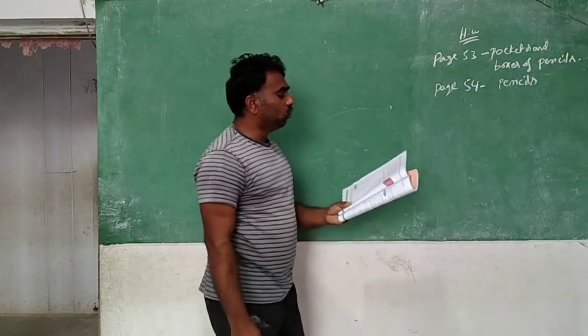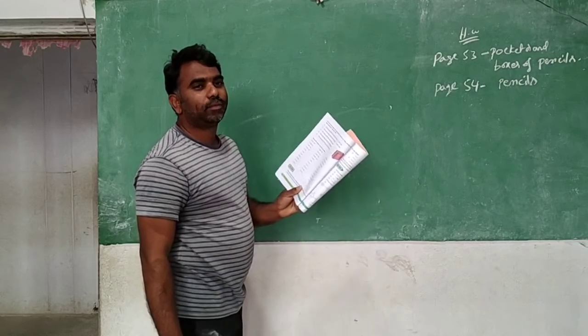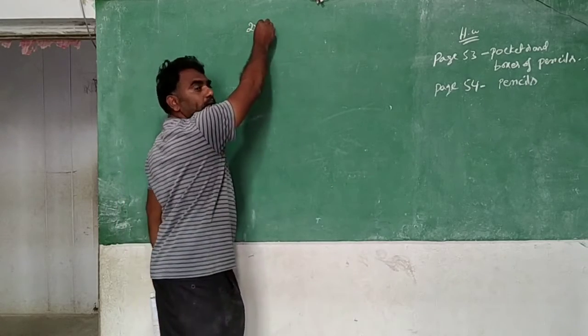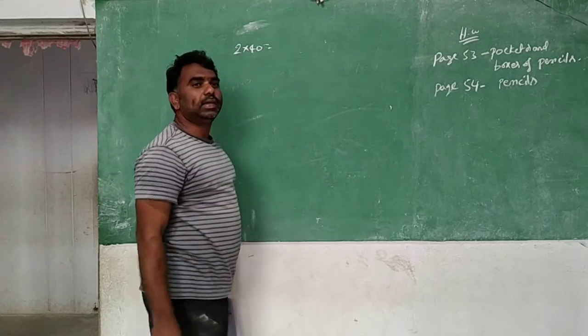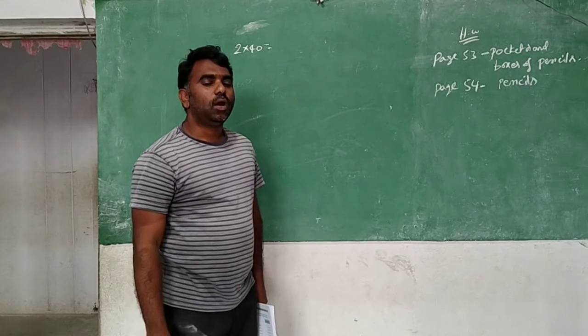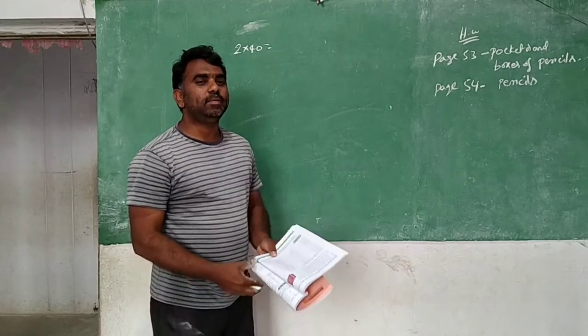I am writing for you 2 into 40, last line. 2 into 40. How do you multiply this? It is very easy multiplication.